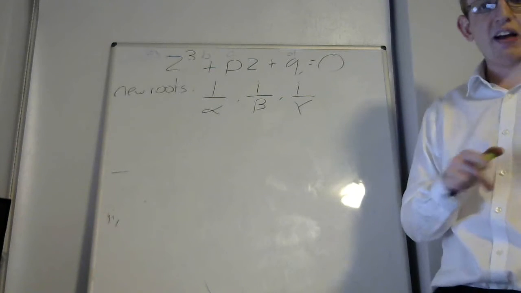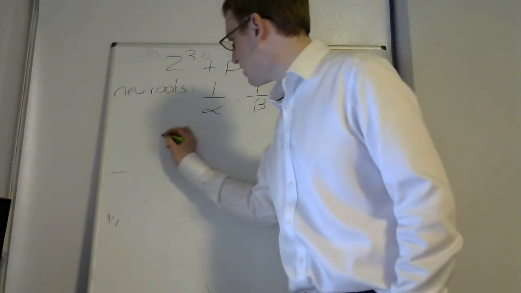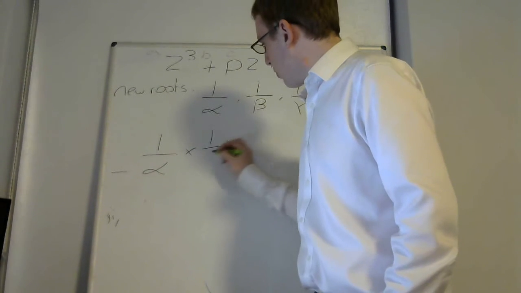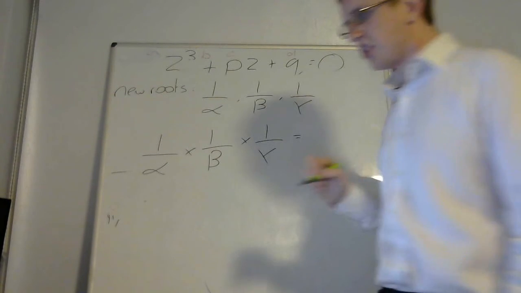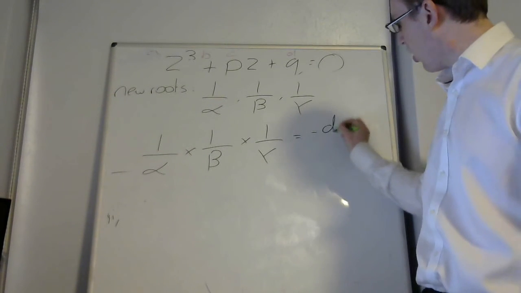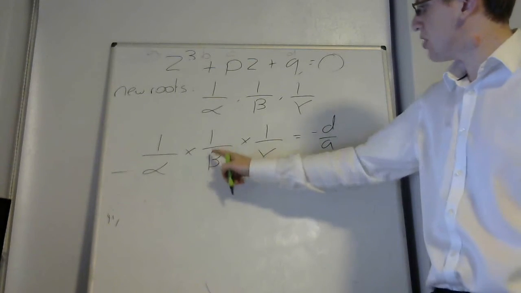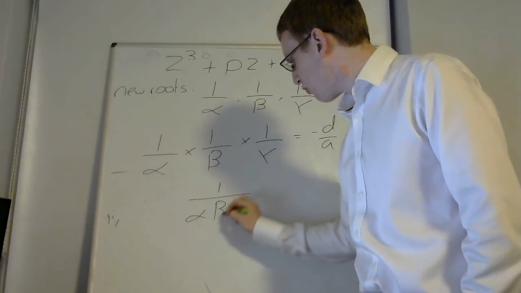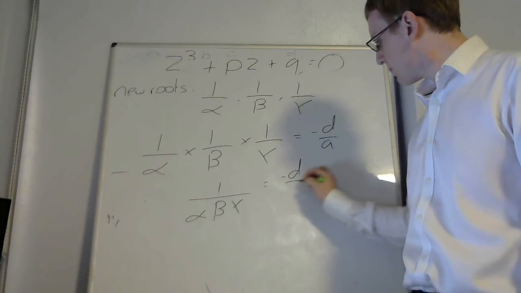I'm going to start off there actually. I'm going to multiply all the roots because that's the nicest one to do with these fractions. Again, these fractions, I've seen them before, so kind of a common one. So if I multiply these roots, I should get minus d over a in my new equation now. Now 1 over alpha times 1 over beta times 1 over gamma, that's 1 over alpha beta gamma.